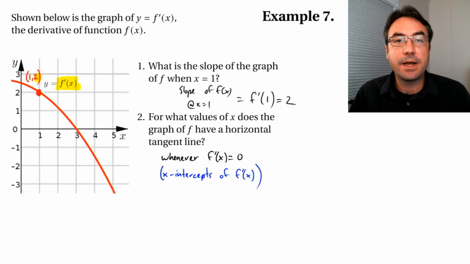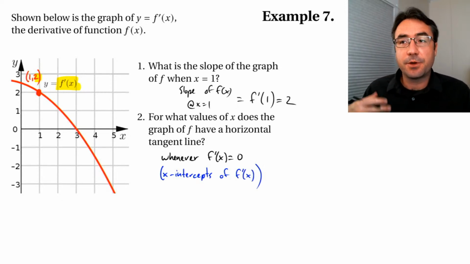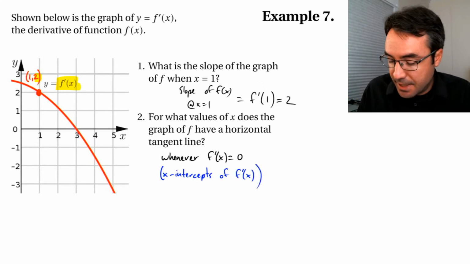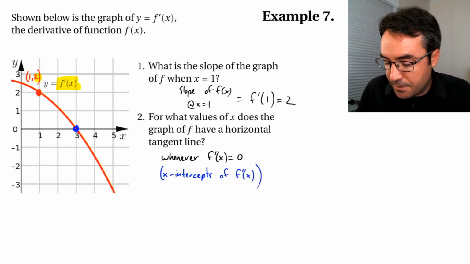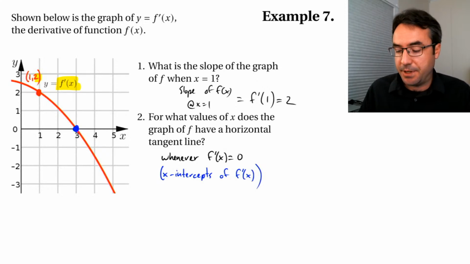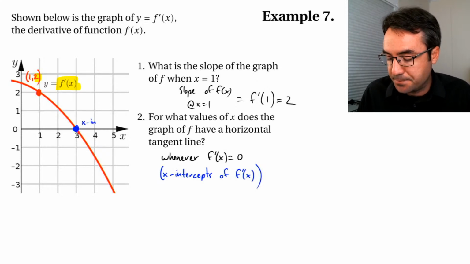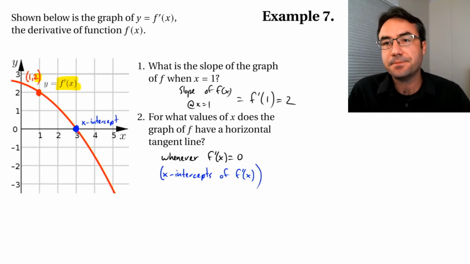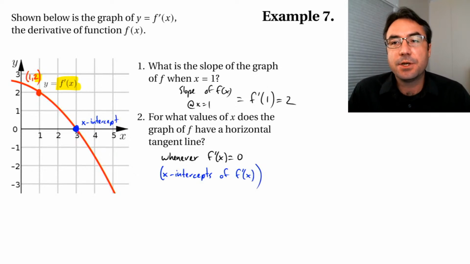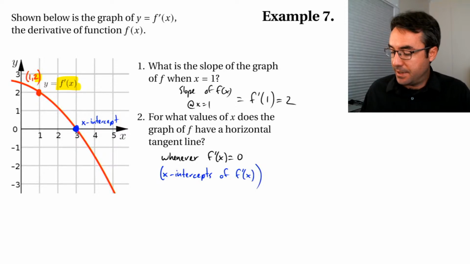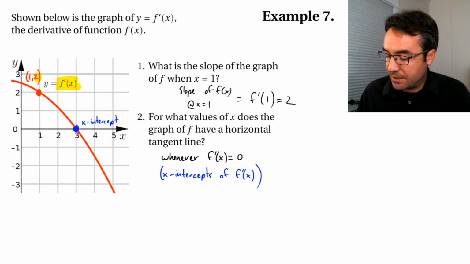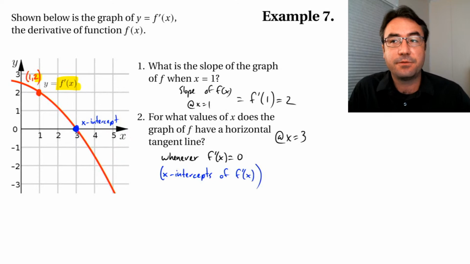So we look along our x-axis there. We see where the graph touches the x-axis, and we see a point right there, looks to be at x equals 3. So that's an x-intercept, where it crosses or touches the x-axis there. And so what that tells us about our function f is that we have a horizontal tangent line at x equals 3. The graph flattens out.